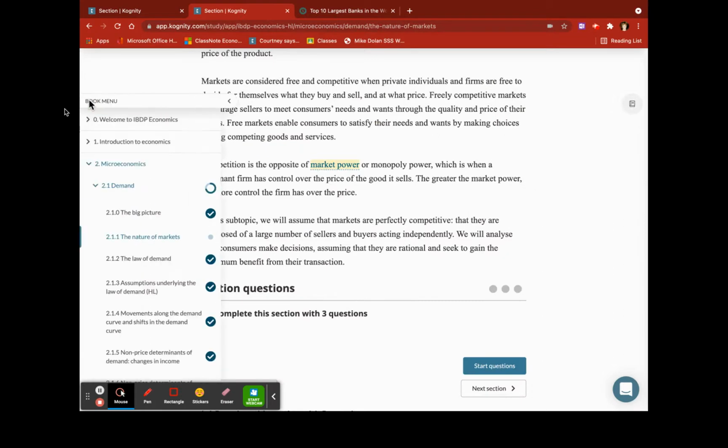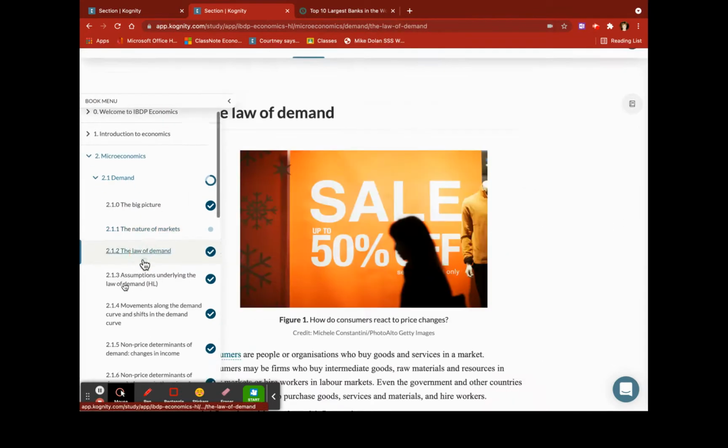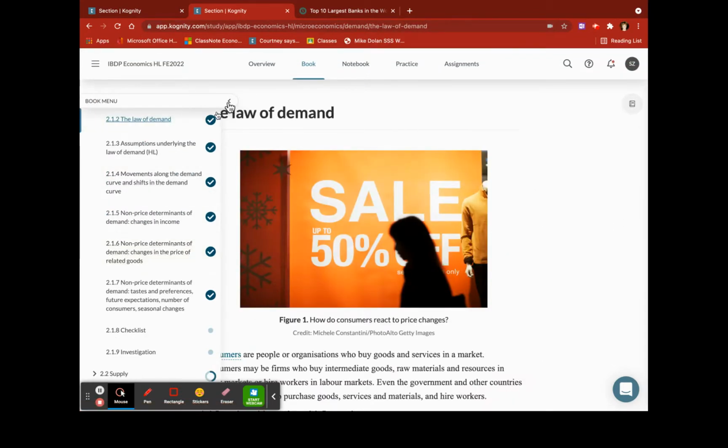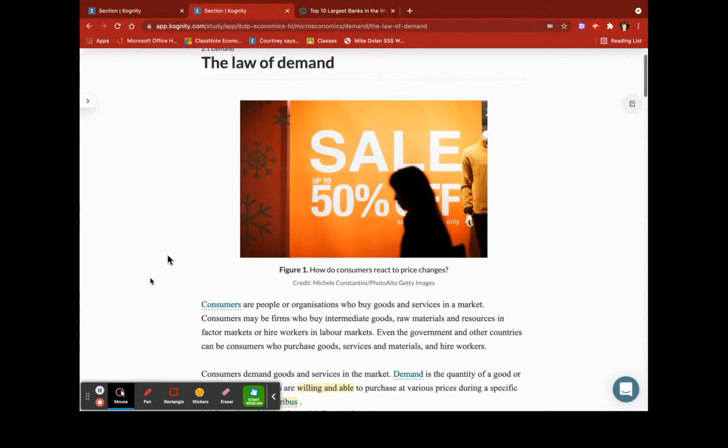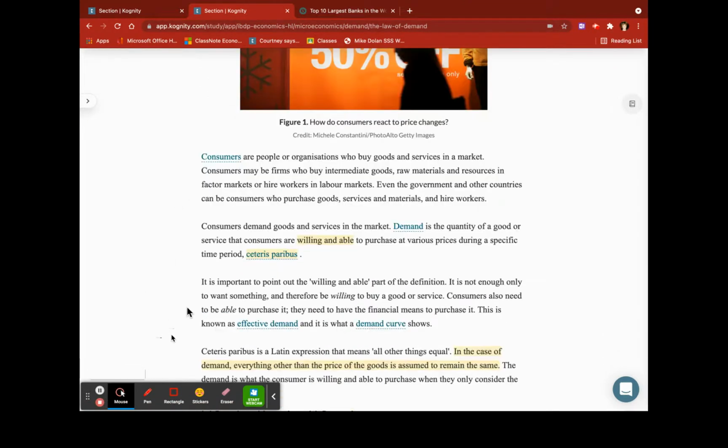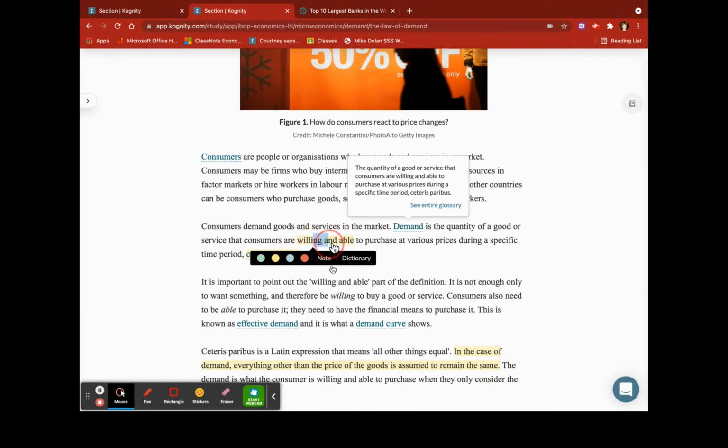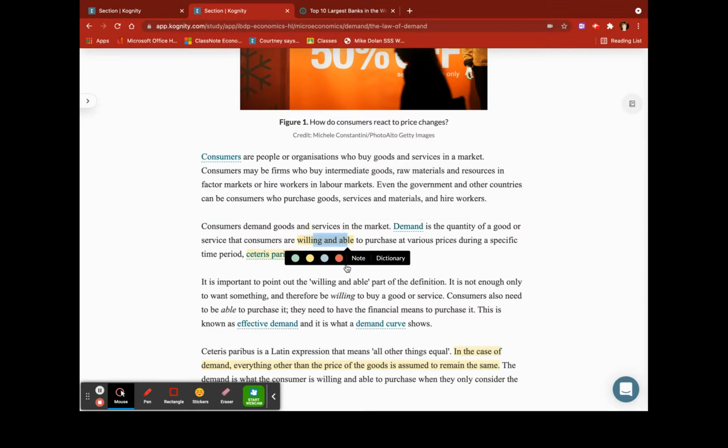All right, on to the next section. So now we're talking about the law of demand. All right, the law of demand again starts out with some definitions. Here we're talking about the definition of demand, and demand is talking about consumers who are both willing and able to purchase. You can't just say, hey, I want that.